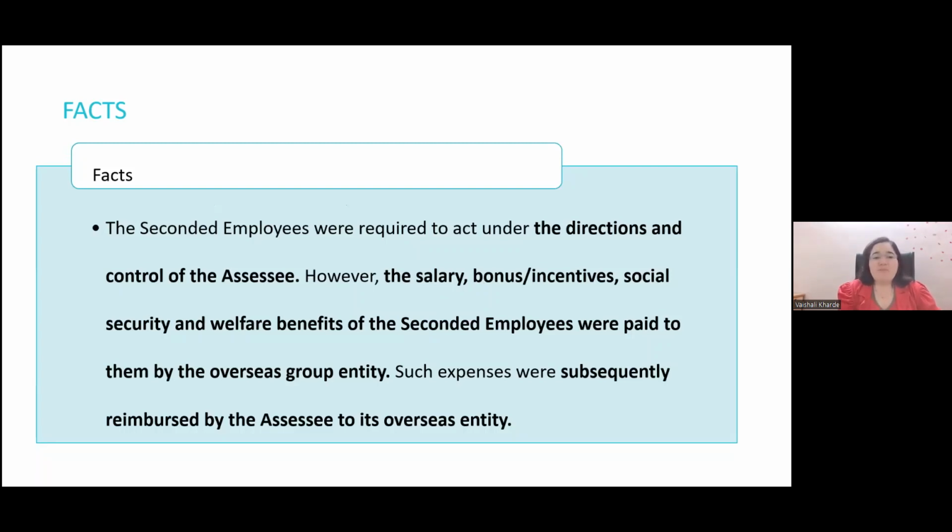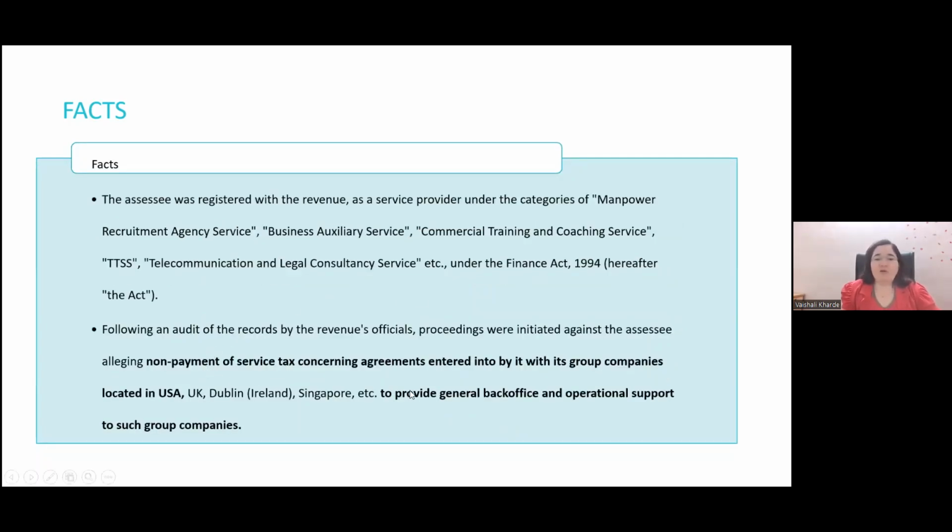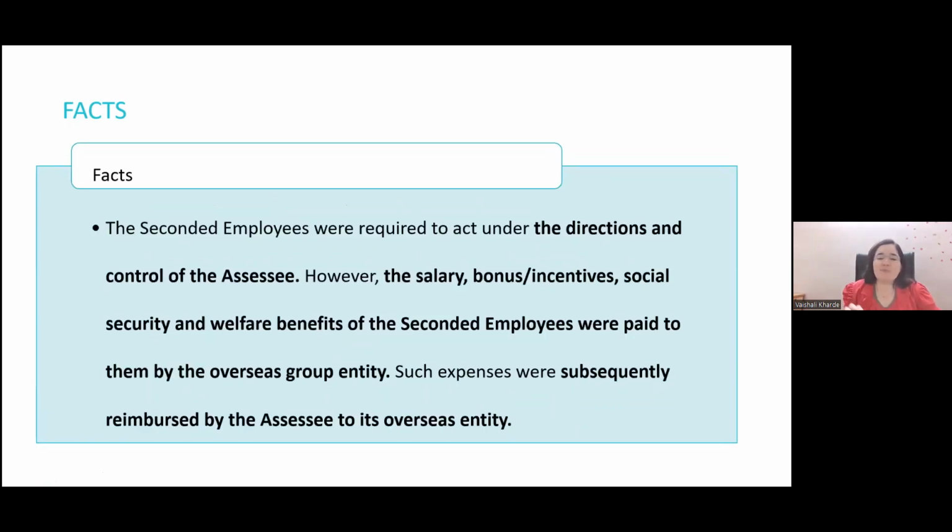So, briefly we will discuss the facts of the case. In the case, there was an Indian company and a group company located in the USA. The group company provided certain skilled employees to the Indian company, where the seconded employees were required to act in the direction of the Indian company.